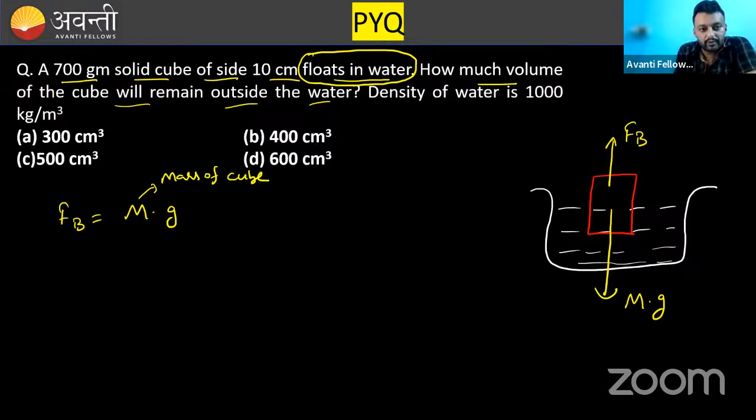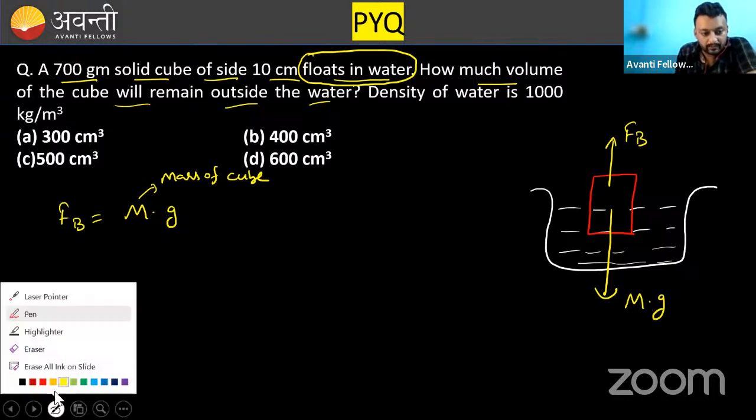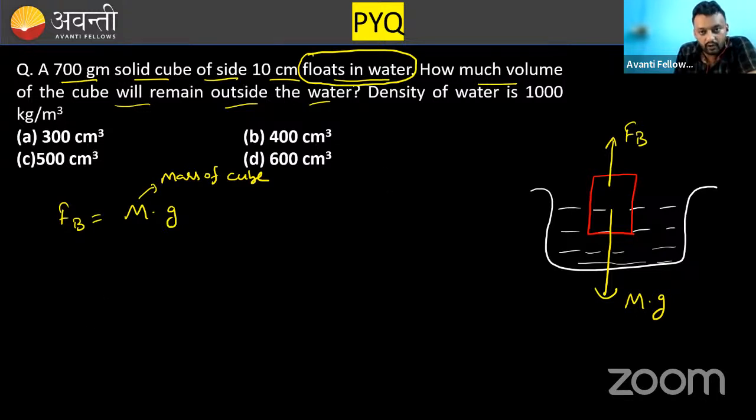Okay. So mass of the cube is given as 700 gram. Buoyant force you need to write. What is the buoyant force? I told you that buoyant force is volume of solid inside into density of liquid into G. I am mentioning it here again. Is this the same case now?